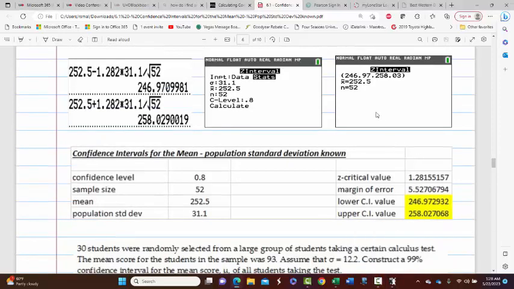To get the margin of error from the calculator output, you can subtract these two numbers and divide by 2. That'll give you the same 5.527 right here. So if you were using the calculator and you wanted to get margin of error, that would be the way to do it.